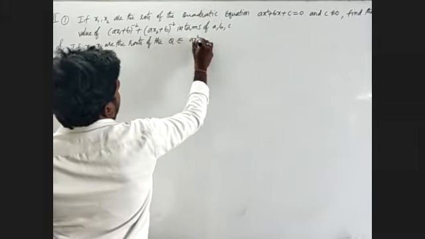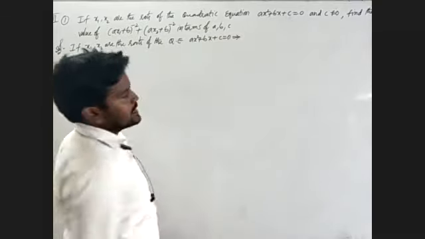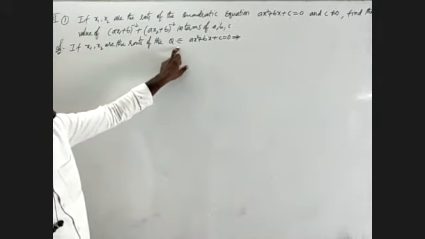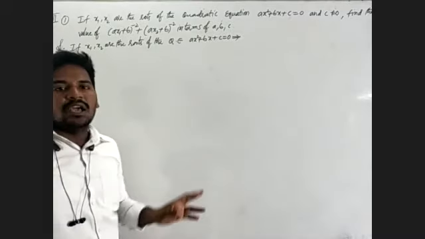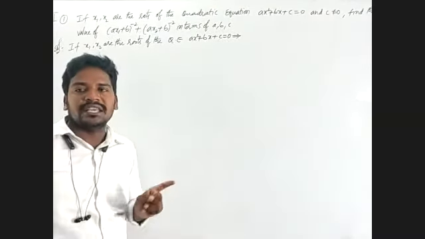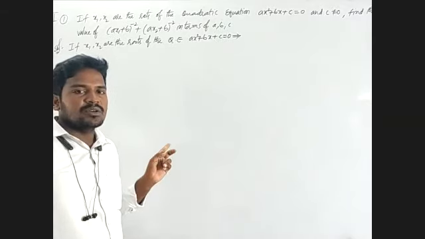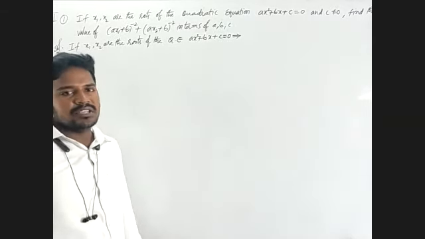ax² + bx + c = 0, that implies alpha, beta are the roots of the quadratic equation ax² + bx + c = 0. The first condition is the sum of zeros, alpha + beta = -b/a, and alpha beta = c/a.